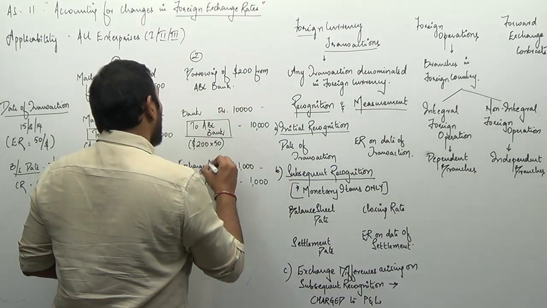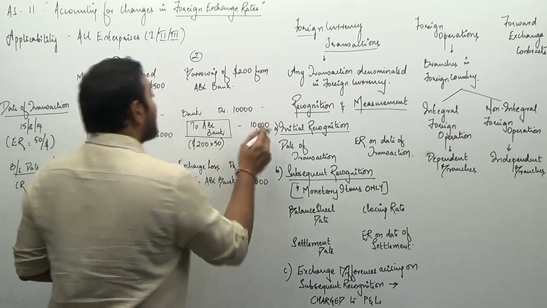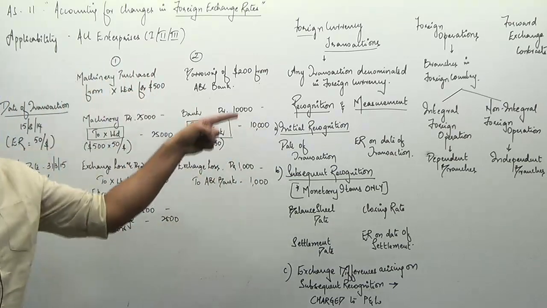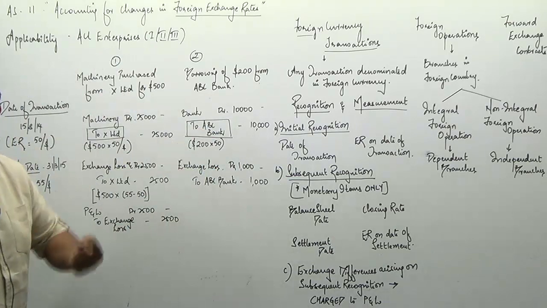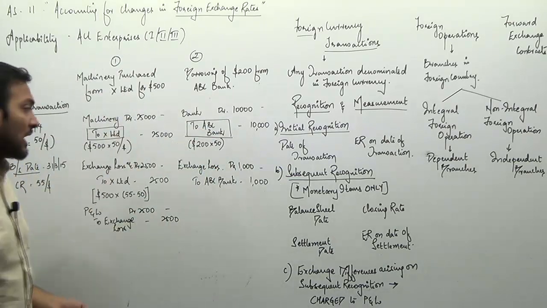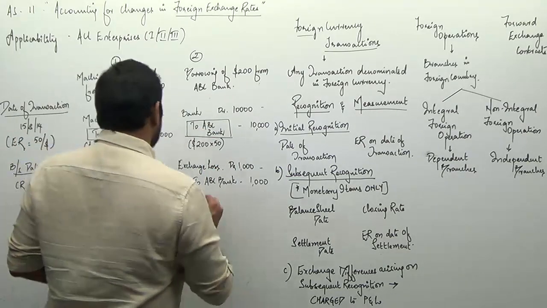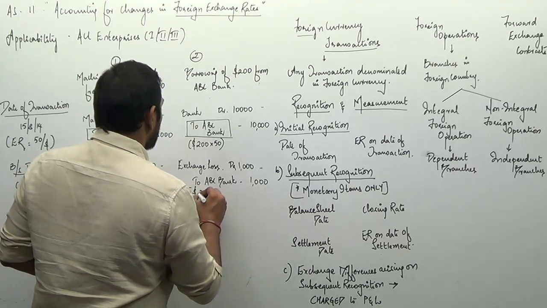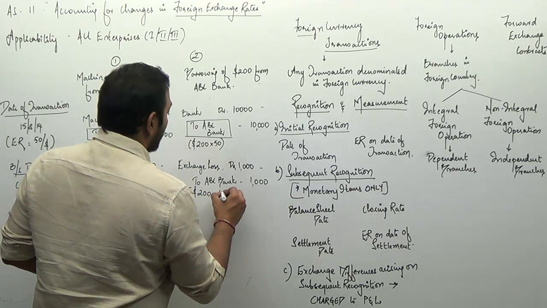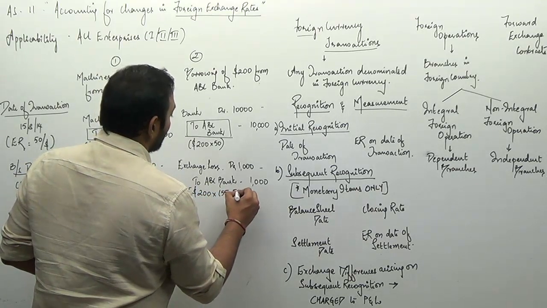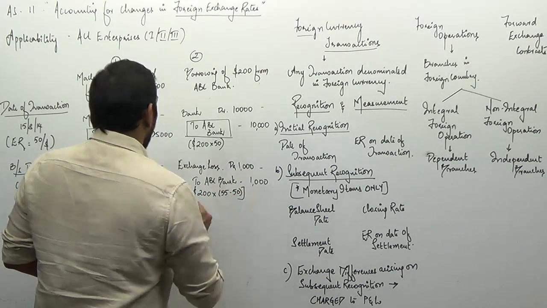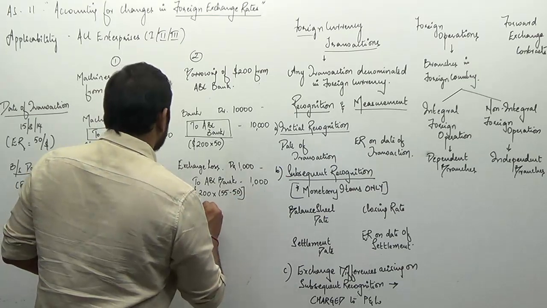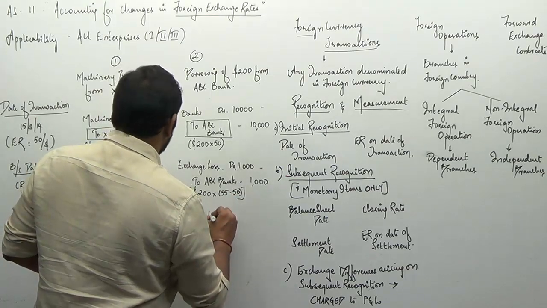Or use your common sense logic. If it was 50 rupees, I would have paid 10,000. Now since it is 55, I am paying 11,000. That I am paying 1,000 extra. Whatever I paid extra is a loss. This is $200 into 55 minus 50. Exchange loss is always charged to P&L. P&L account debit to exchange loss.